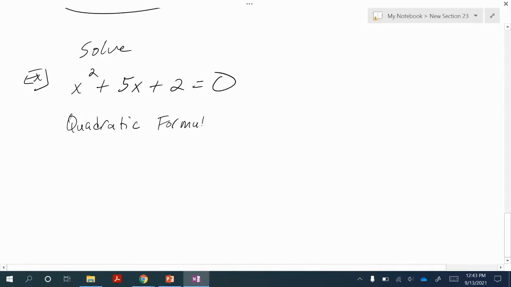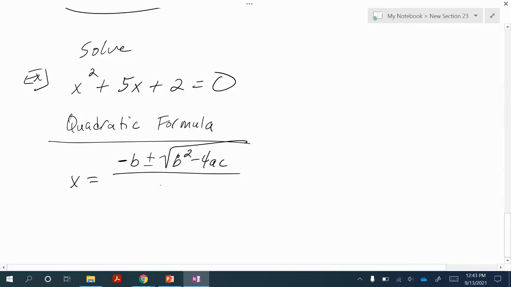And here is the quadratic formula. It says that x is equal to -b plus or minus the square root of b squared minus 4ac all over 2a.